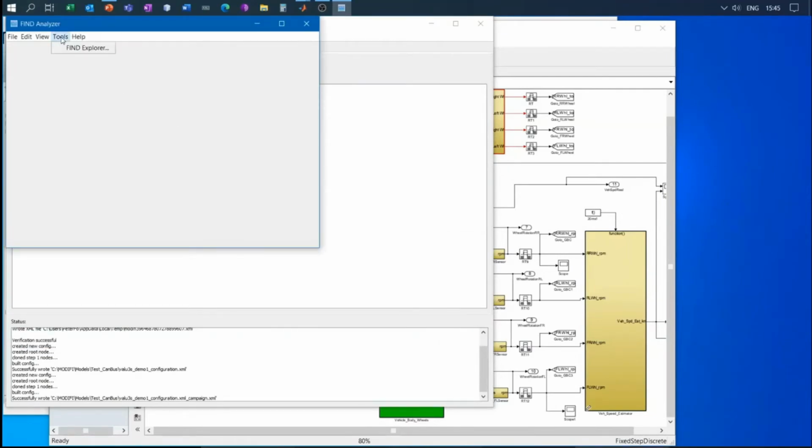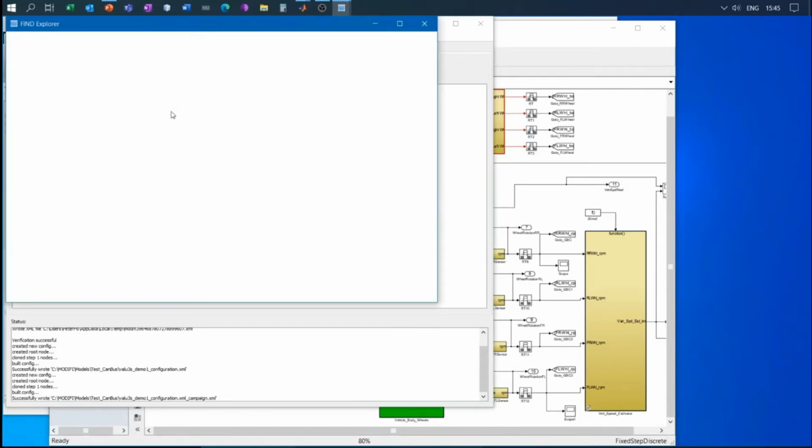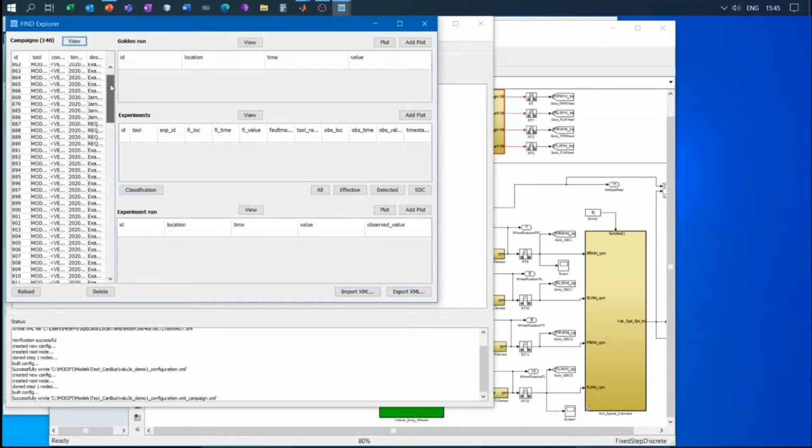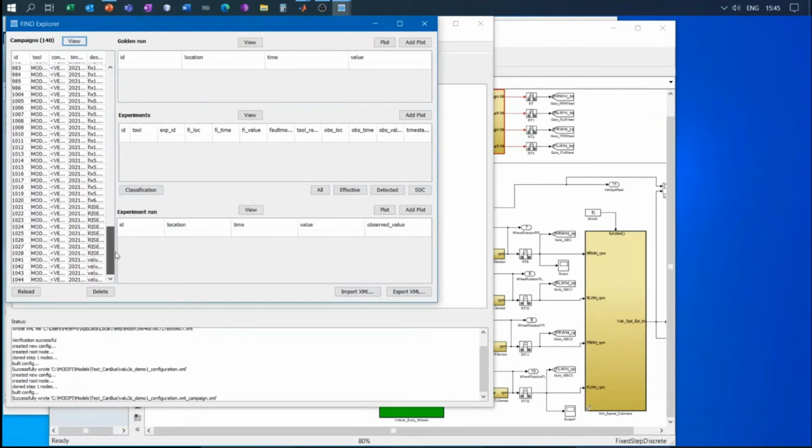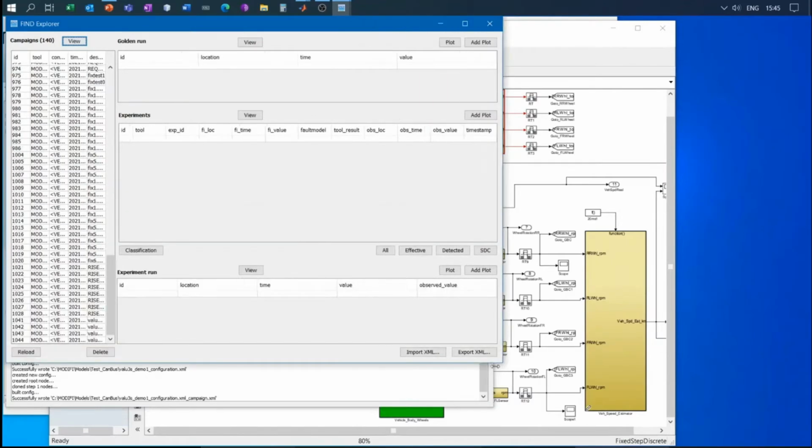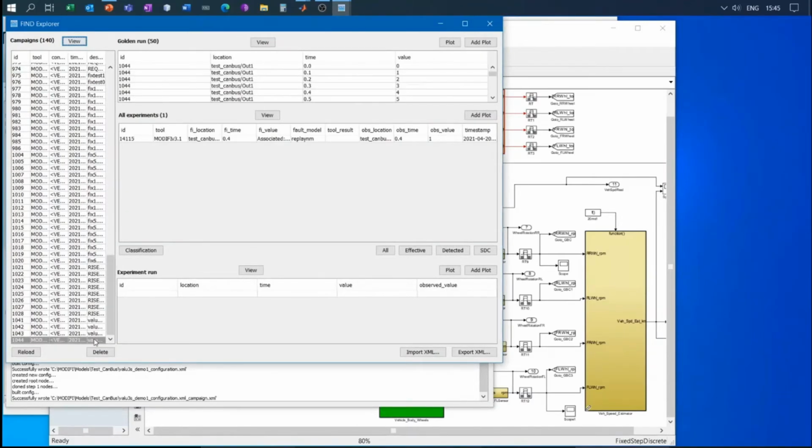And for this purpose, we have a Find Explorer tool available. So here we see all the campaigns that have been conducted that are stored in the database, and at the bottom we see the latest campaign. Let's open that by clicking on it.